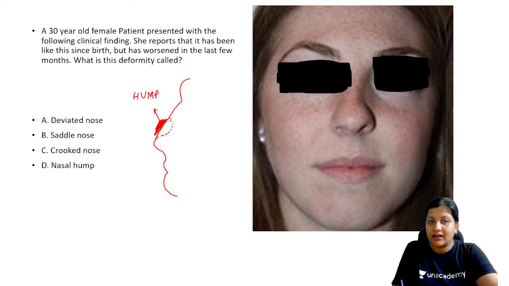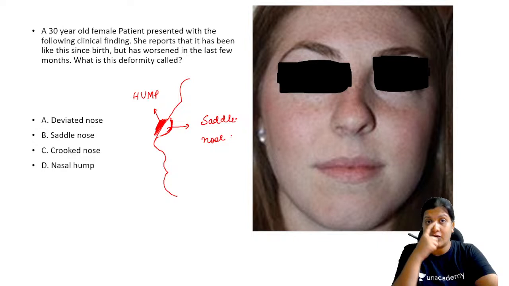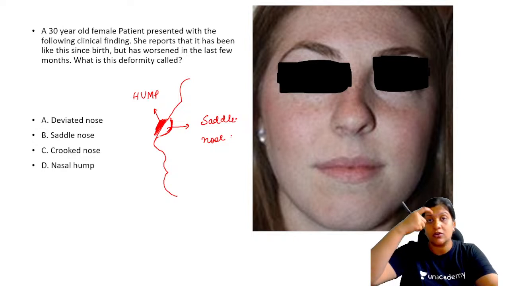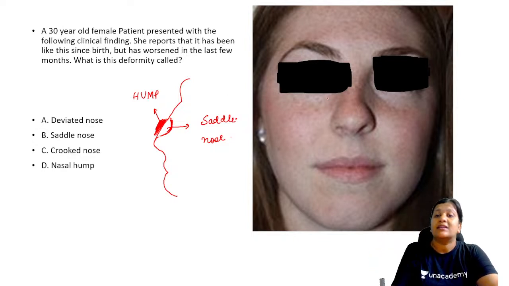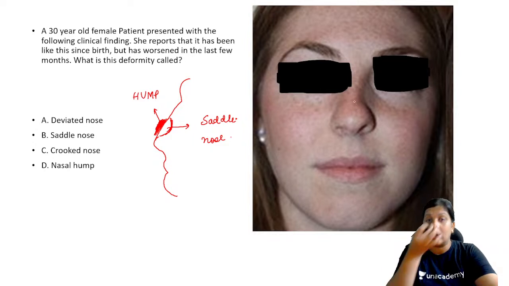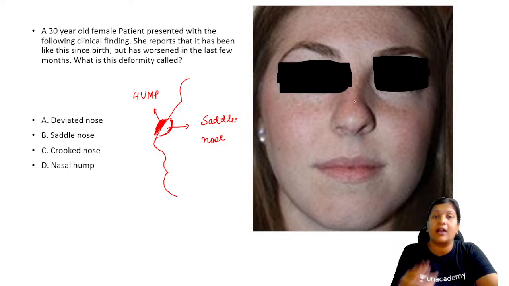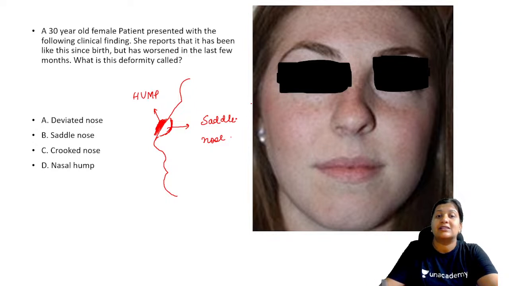But if you have a depression on the dorsum of the nose, this deformity will be called a saddle nose deformity. Okay, so these are midline deformities where you can have excessive projection or a depression. Now, this is a deformity where the dorsum of the nose is shifted or deviated, so this is not saddle nose or hump nose for sure.